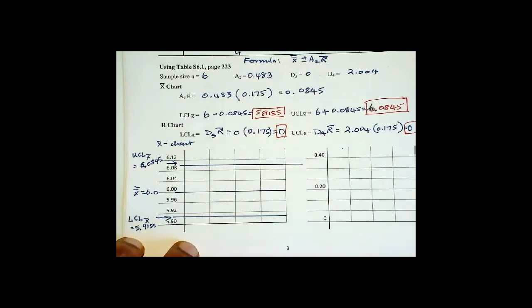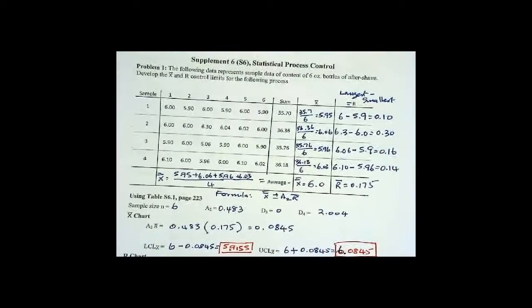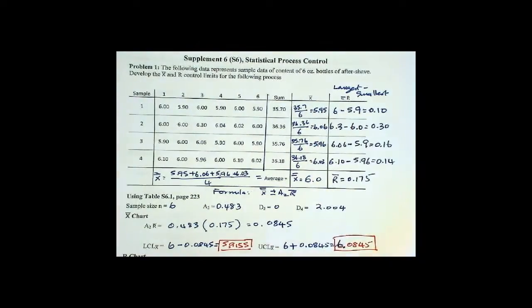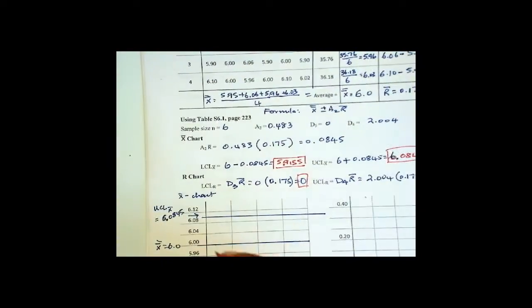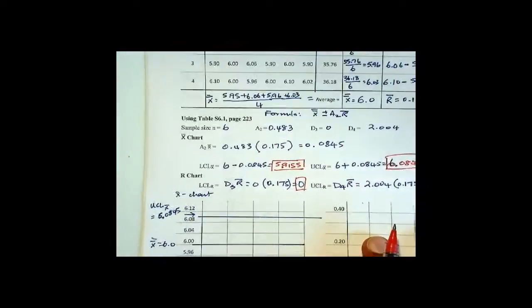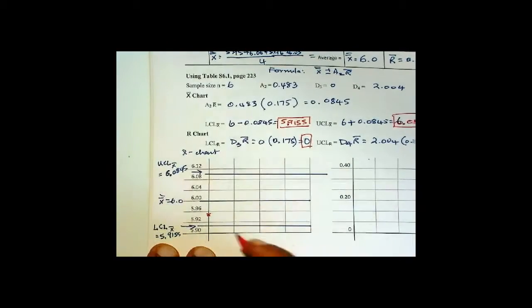So now we need to plot the individual X bars. From here, the first one is 5.95. So 5.95 is about there. It's going to be slightly approximate since we're doing this by hand. The next one is 6.06. So this is sample 1.